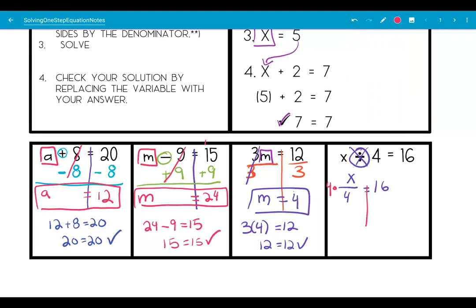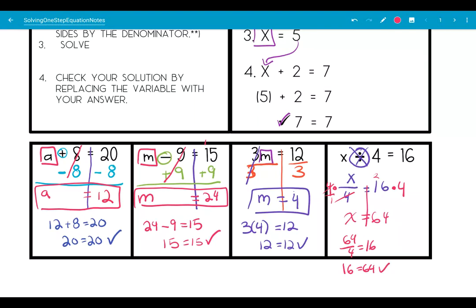It's going to go next to your problem. So times 4, times 4. I know that multiplying and dividing cancel each other out, so I'm left with just an x on this side. I need to do 16 times 4 on the other side. Well, 4 times 6 is 24. Carry the 2. 4 times 1 is 4, plus 2 more is 6, so I get 64. If I check that answer, 64 divided by 4 is 16, and that's true.